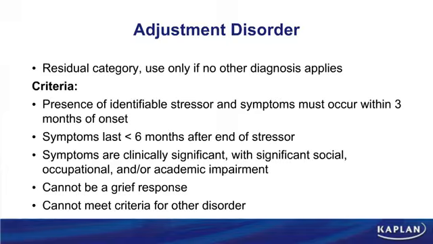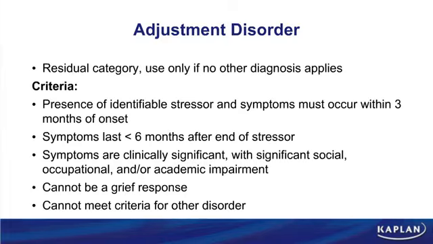Adjustment disorder is an individual who's experienced a stressor, and as a result of that stressor is going to have symptoms which will affect their functioning to a degree. They're not going to lose total functioning as you would find in the other major disorders, but you will have significant changes in functioning.